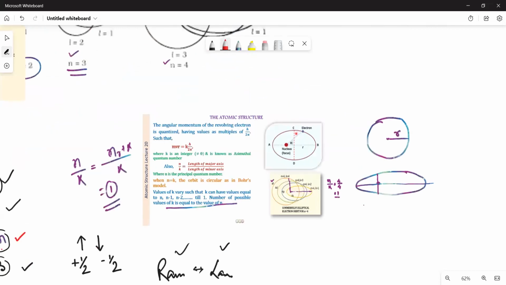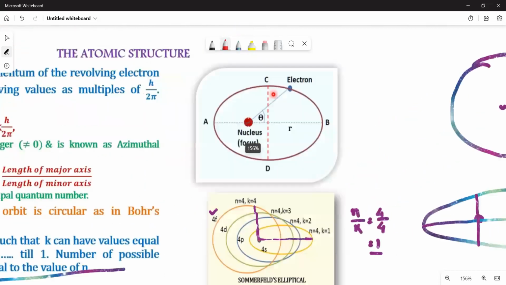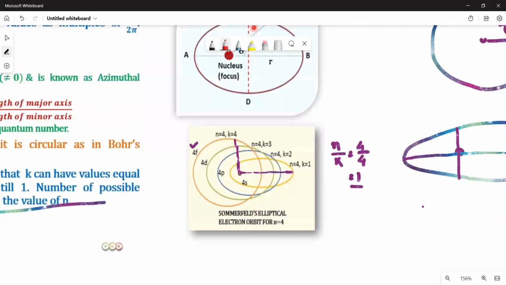If you remember this picture that I showed earlier, this one is 4s, this one is 4p, 4d, and 4f. Among these, which one is most elliptical? 4s is the most elliptical compared to all others. The more elliptical it is, the more penetrating power it has.